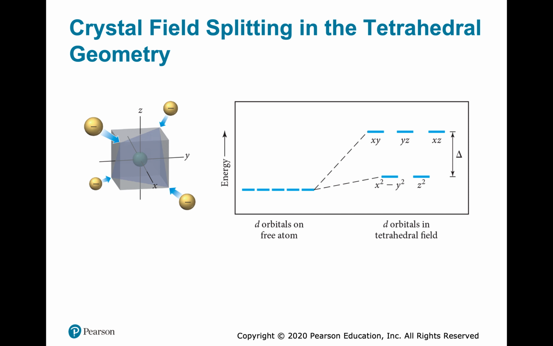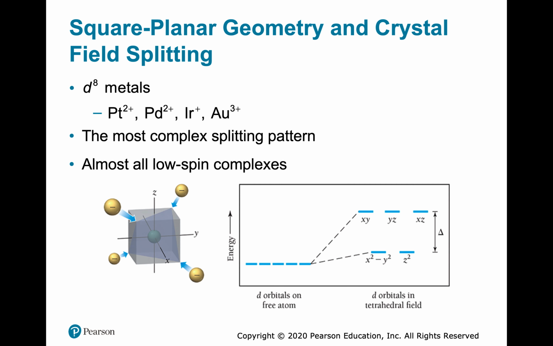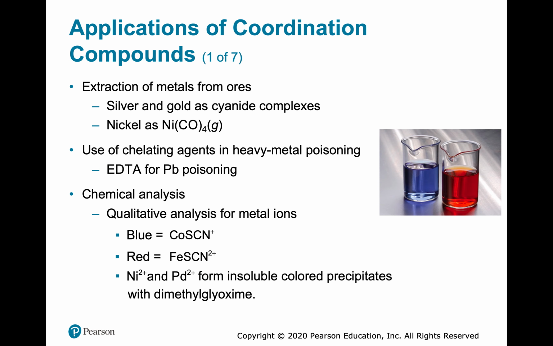So kind of like I said before. And so other things, square planar. The square planar complexes are almost always low spin. So the splitting tends to be bigger for these.